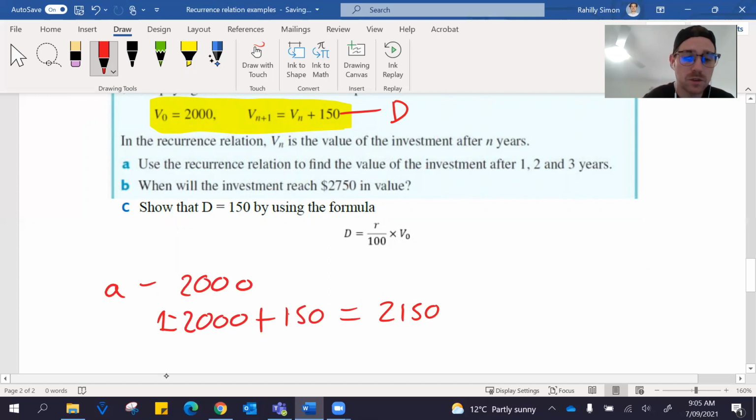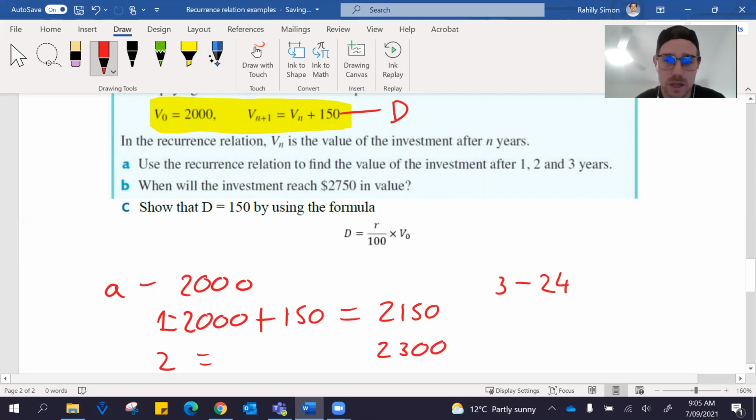At the end of year 2, you do the same thing. You're plussing 150 again, so it's 2,300. And then year 3 is the same. It's 2,450. Okay, so you're just adding that D value to our total at the end of every year.